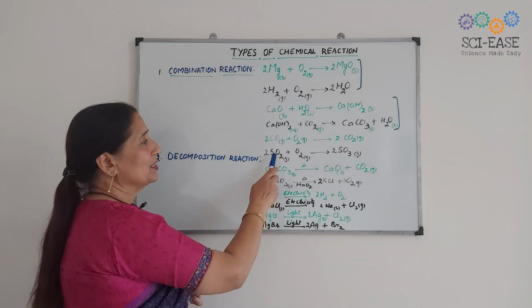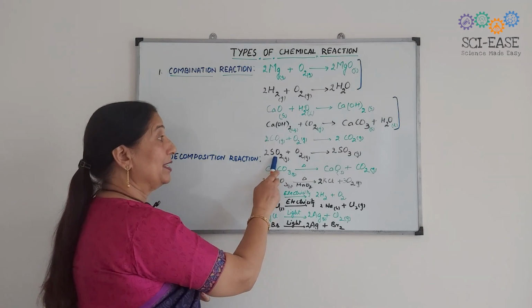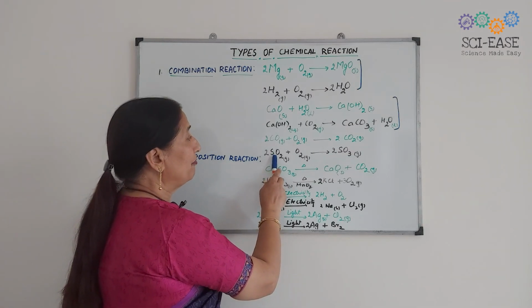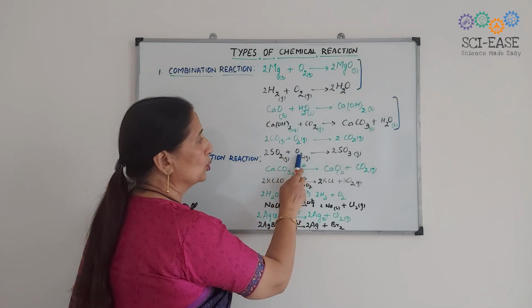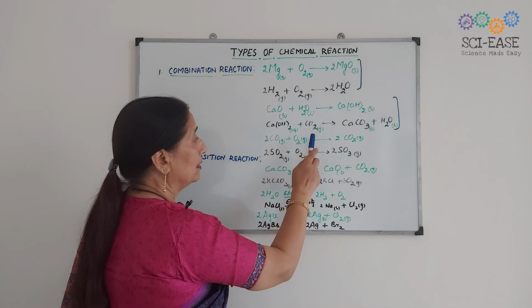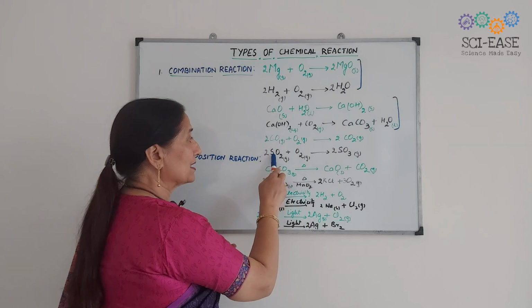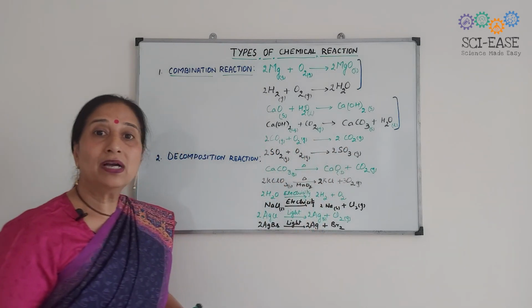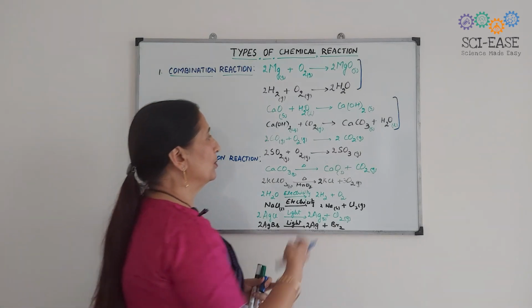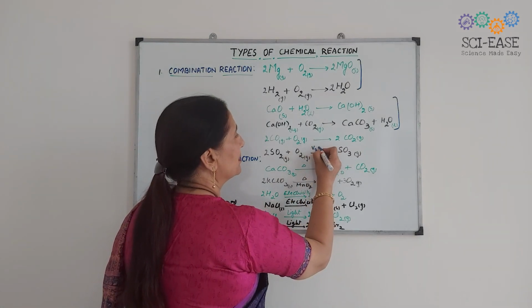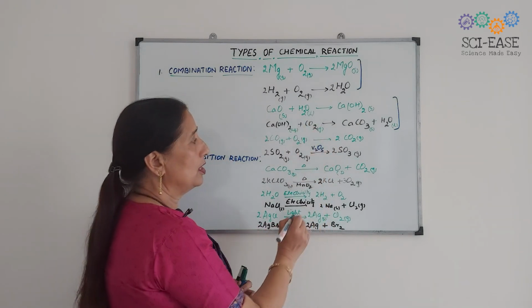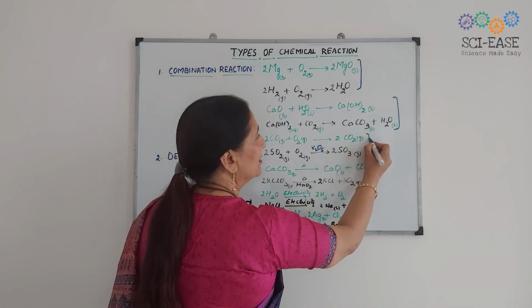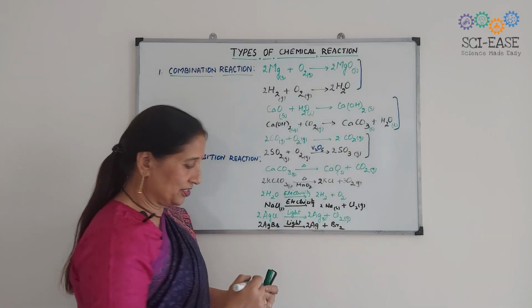Another example of this we have already done, a very important reaction, sulfur dioxide plus O2, they will combine. Sulfur dioxide is a compound, this is the element, and they result in the formation of sulfur trioxide. No doubt this reaction takes place in the presence of catalyst V2O5. So this is the third type of combination reaction.